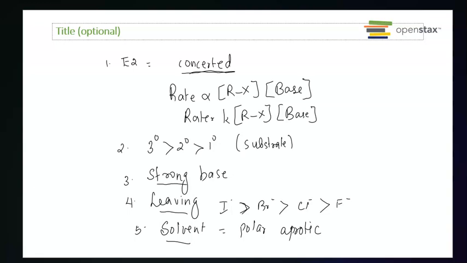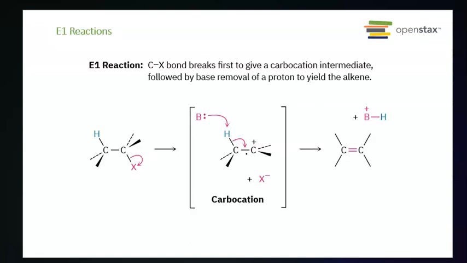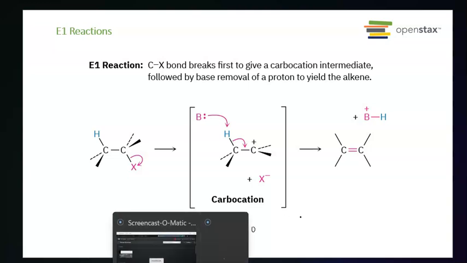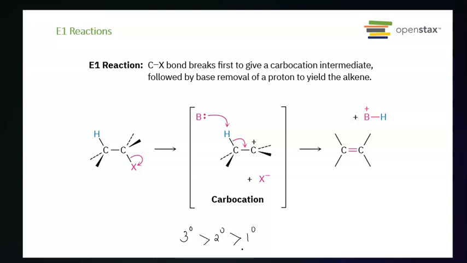Now let's see E1 reactions. Now E1 reactions are similar to SN1 reactions, okay, where the first step is the formation of a carbocation, which tells me that here also, just like in SN1, a tertiary substrate is preferred over a secondary, which is more preferred than a primary. Okay, so the substrate trend preference is the same for E1, E2, and SN1.